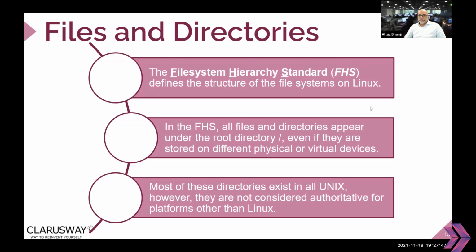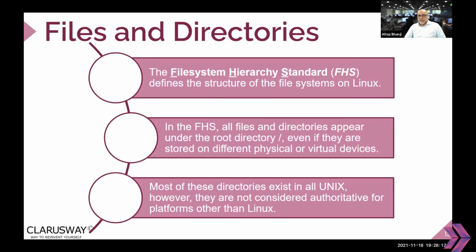And all of the files and directories are going to appear under the root directory, even if they're stored on different devices. So I can have a disk that's a network storage device, but it will still show up under the root directory, or I can have different devices, printers and so on that would show up under the root directory.